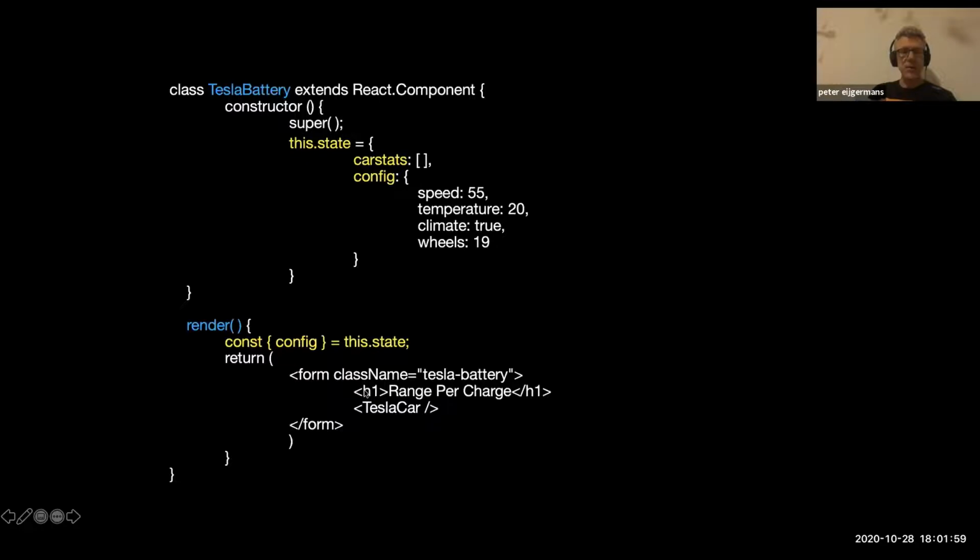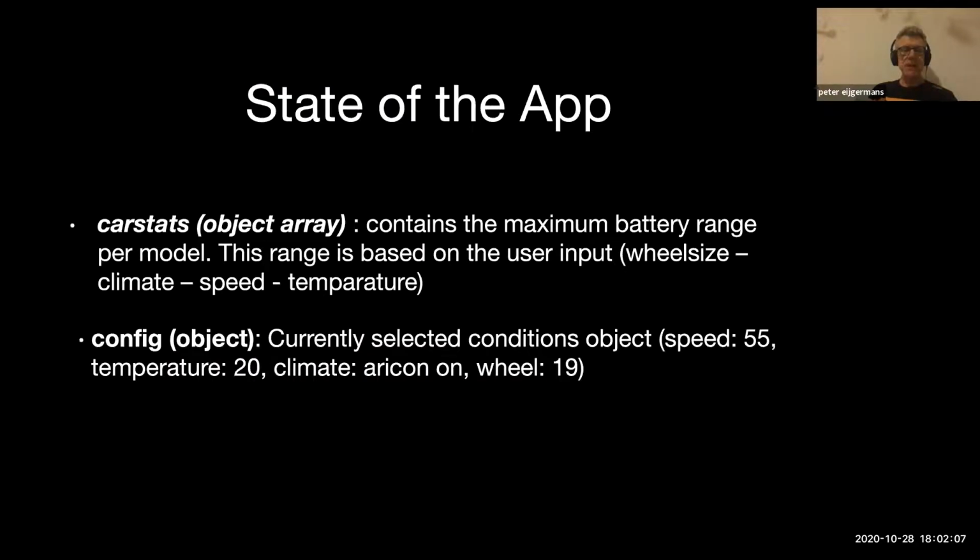I only render the Tesla Car in my return. The state of the app, the car stats, contains the complexity, and the config contains the currently selected values of the user.